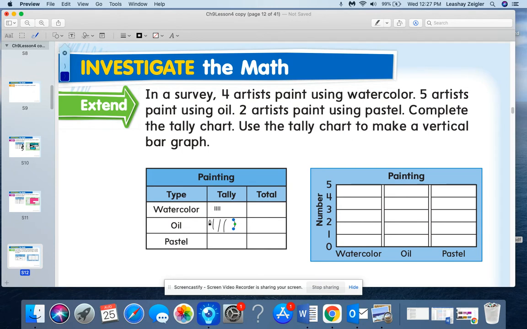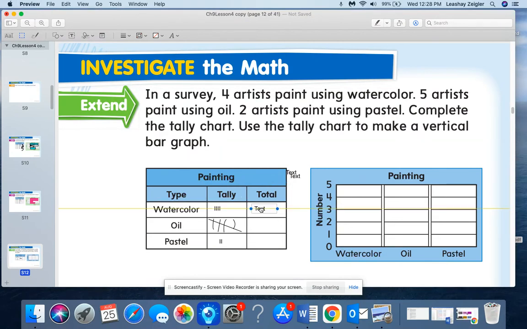And then 1 big line across. 5. And then it says 2 artists paint using pastels. So I'm going to use a text box for that one because that's way neater. So 2 are pastels.